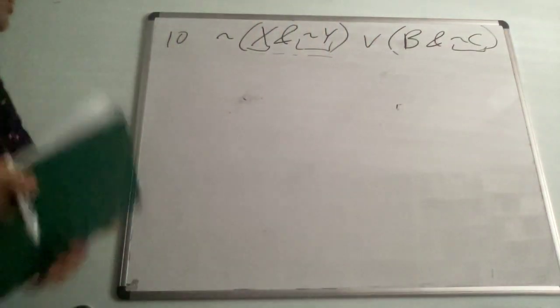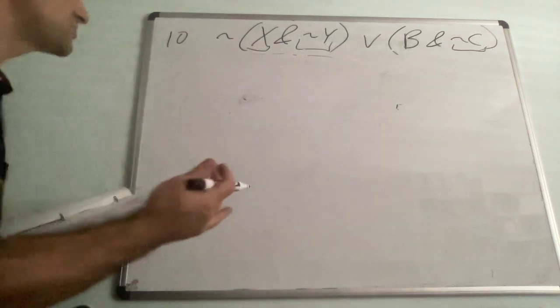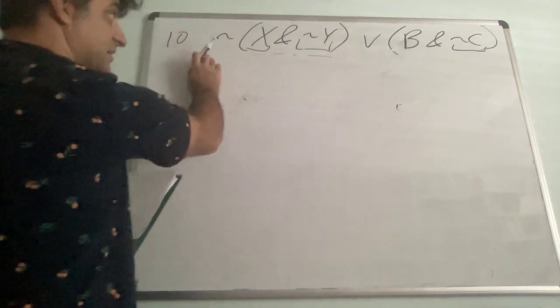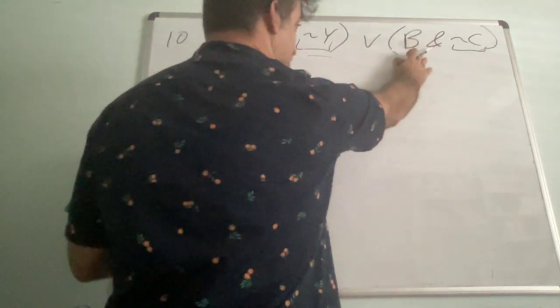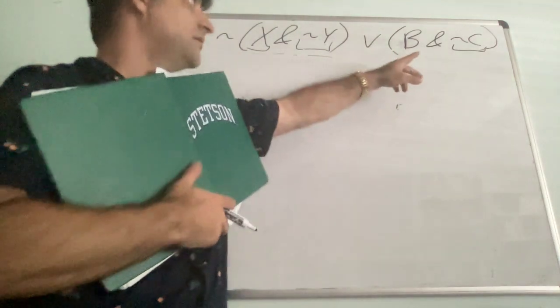Let's look at order to see how this makes sense. So again, you're going to have to deal with what's inside the parentheses first. Inside this parentheses, then negate it. Inside this parentheses, then you don't negate it. That's just the left side, the right side.